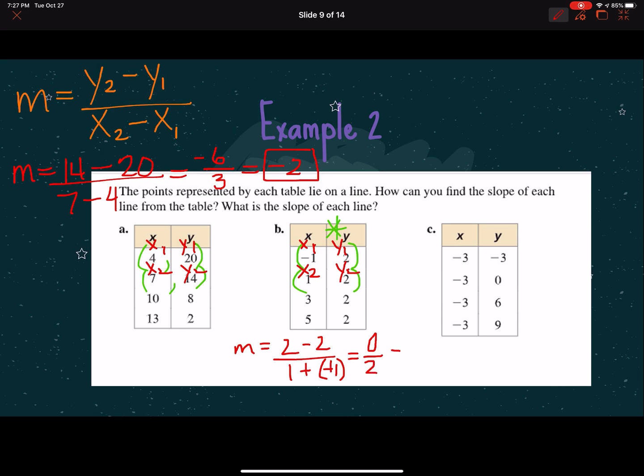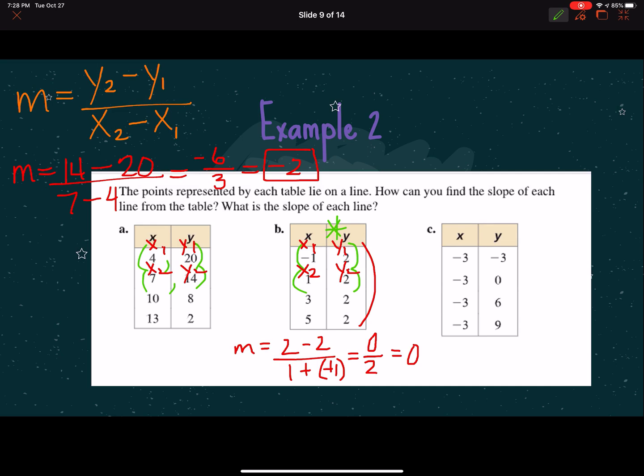And 0 divided by 2 is 0. So if I have a slope of 0, that means the change in y is 0. So anything with a slope of 0, if I were to graph this, would be a horizontal line. And notice every y value is 2. So that verifies that, yes, it would be a horizontal line.